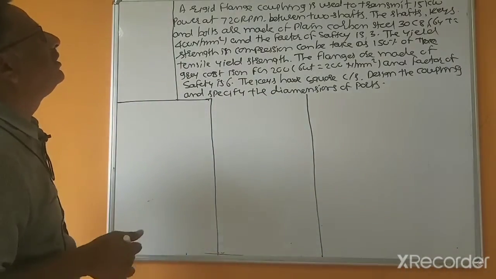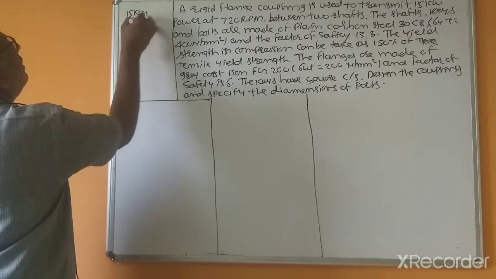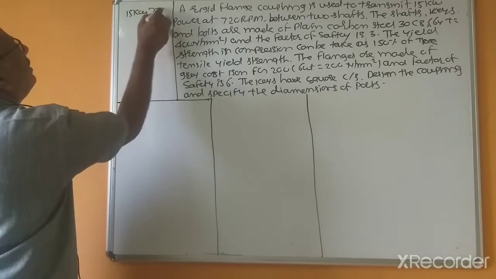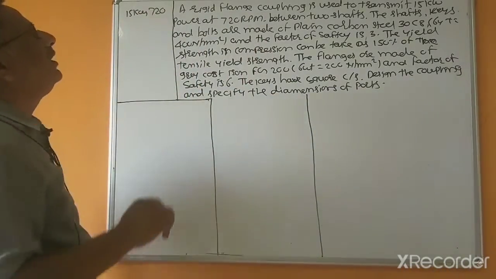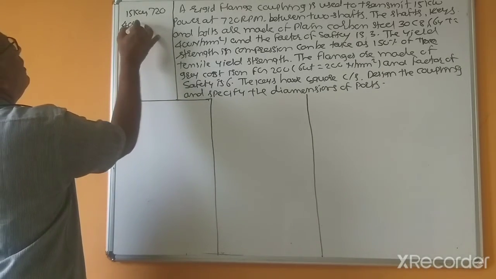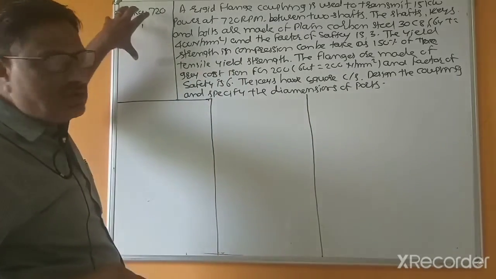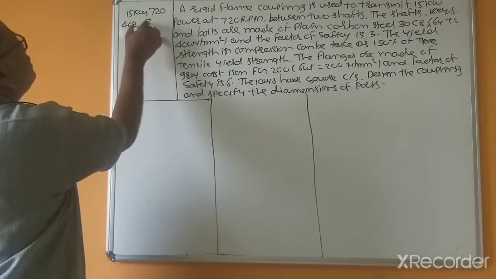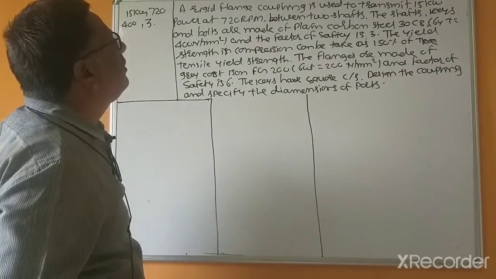First I will extract 15 kilowatt, RPM 720, between the shafts, and keys and bolts of 30C8, 400. This data is for solving the problem. So this is my data.